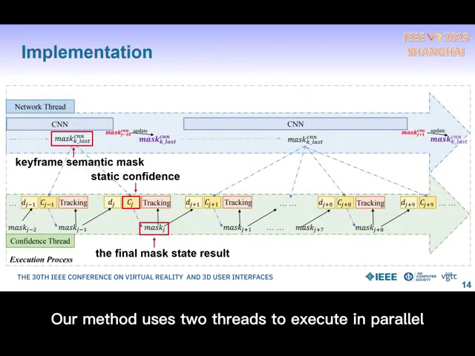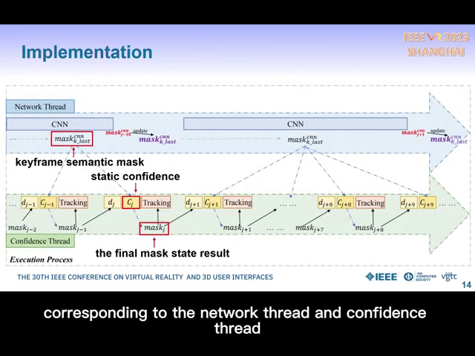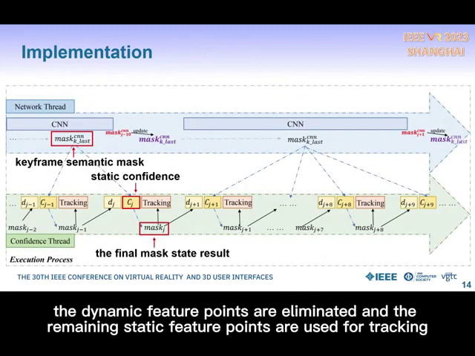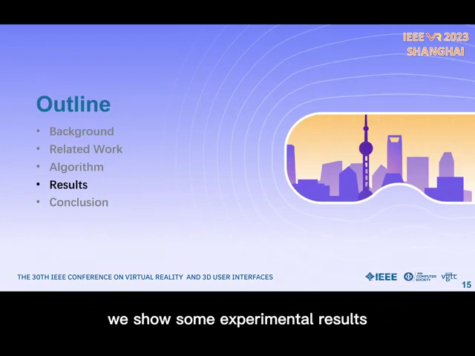Our method uses two threads to execute in parallel, corresponding to the network thread and the confidence thread. According to the final result, the dynamic feature points are eliminated and the remaining static feature points are used for tracking. Next, we show some experimental results.